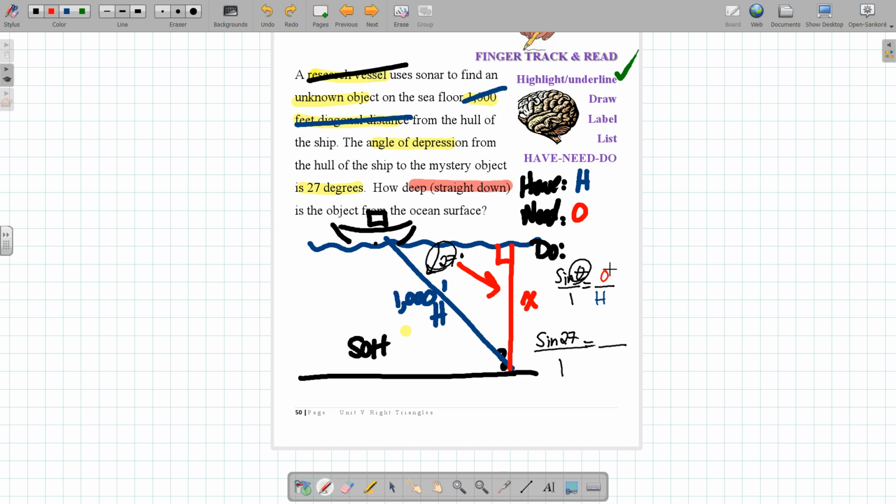Our opposite is X. Don't touch a calculator until your variable is by itself. Ready? We're going to cross multiply. Keep parentheses around that. X is by itself. Now you can grab your calculators.